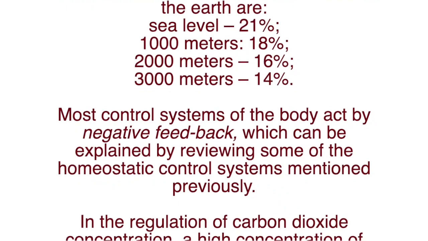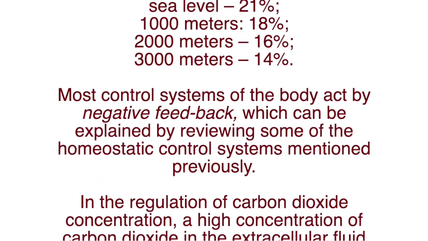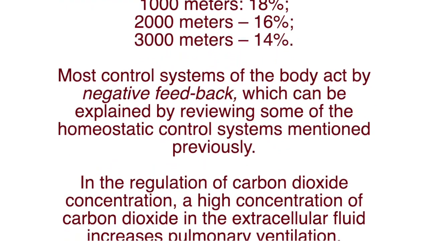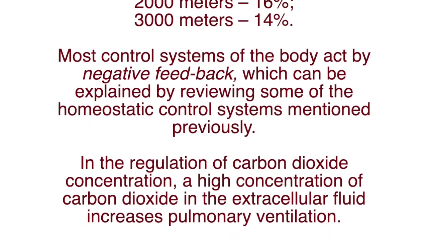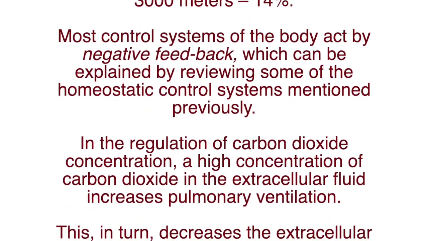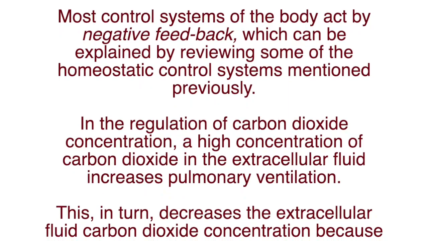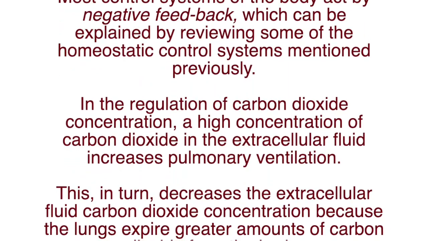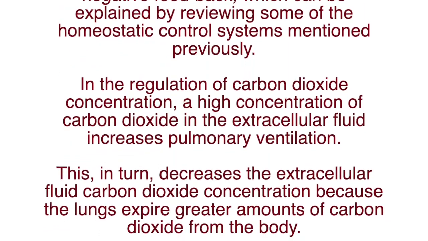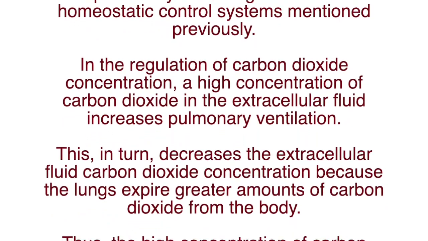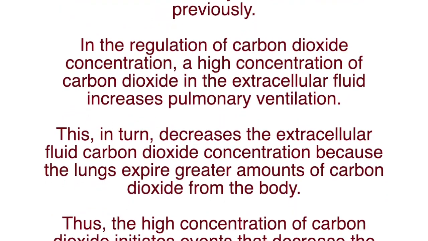Most control systems of the body act by negative feedback, which can be explained by reviewing some of the homeostatic control systems mentioned previously. In the regulation of carbon dioxide concentration, a high concentration of carbon dioxide in the extracellular fluid increases pulmonary ventilation.